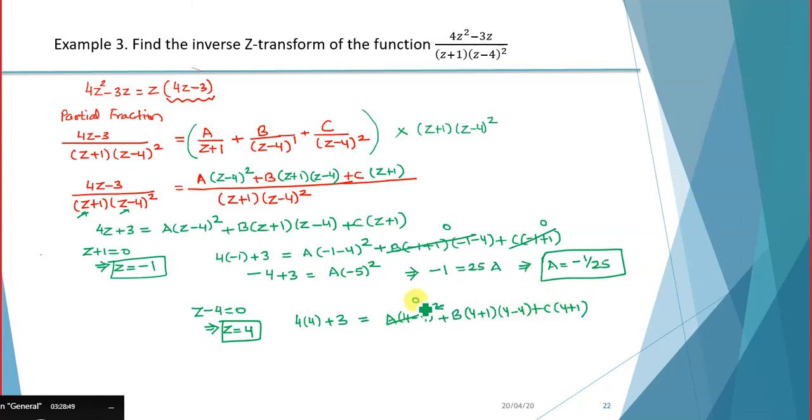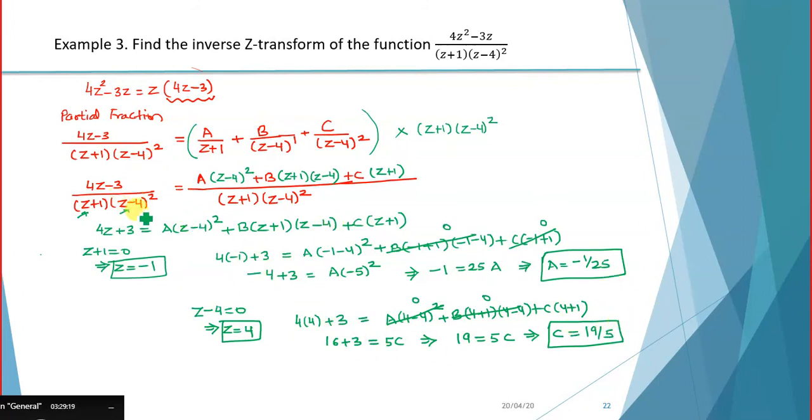So this cancels to 0, this cancels to 0, we are left with C. So 4 times 4, 16 plus 3, and here 5C. 16 plus 3 is 19, which gives you 5C. This gives you C as 19 over 5. So here we are getting these numbers. It's okay, you can even use decimals by using a calculator.